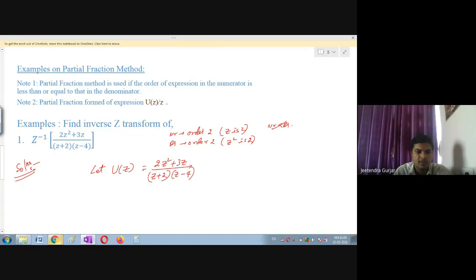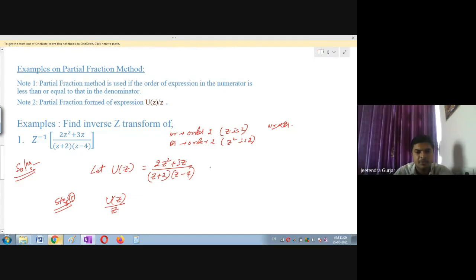Like this you first take the U of z, then go to step 1. What is step 1? You are going to write U of z in terms of U of z divided by z. Then only can the partial fraction method be applied here, students. Okay, so we will apply this.